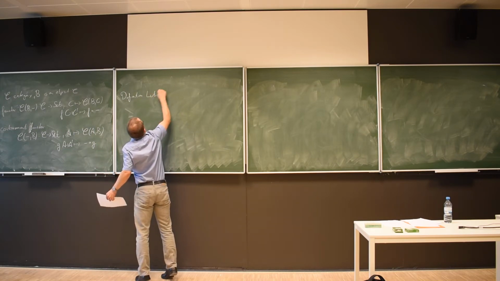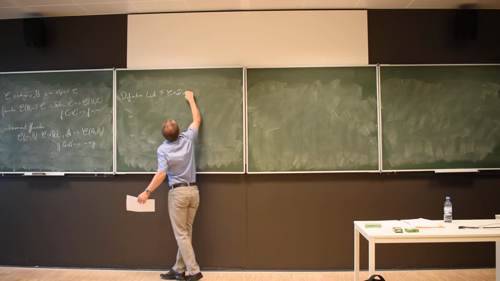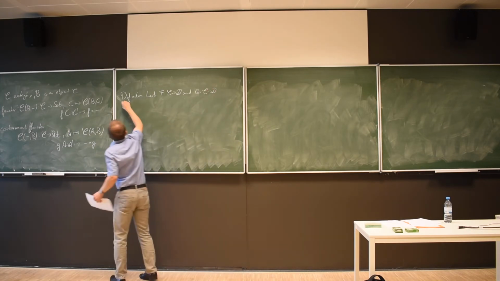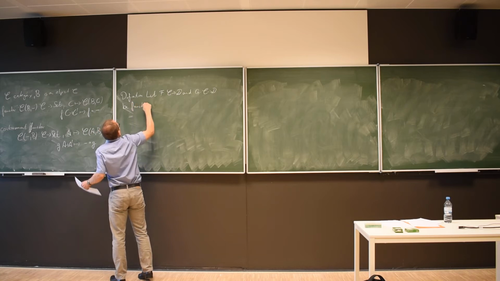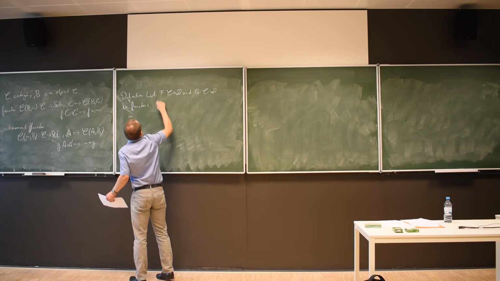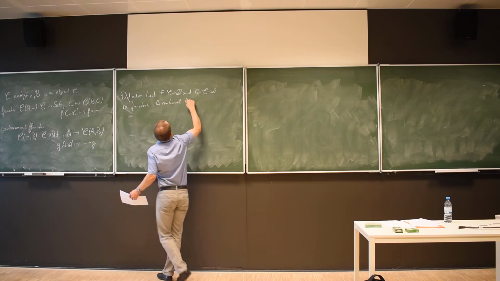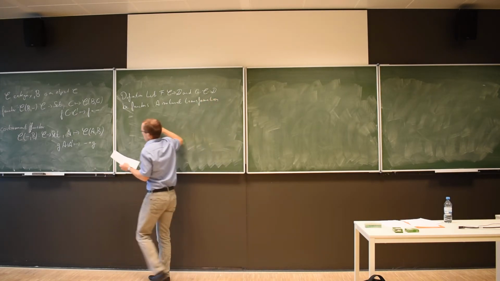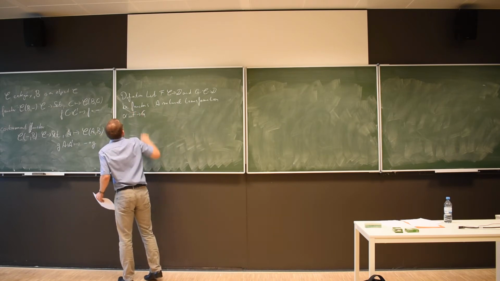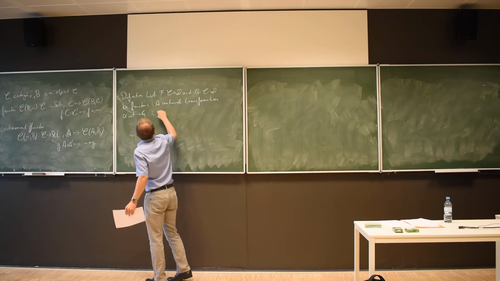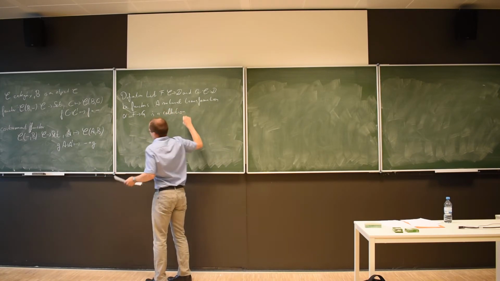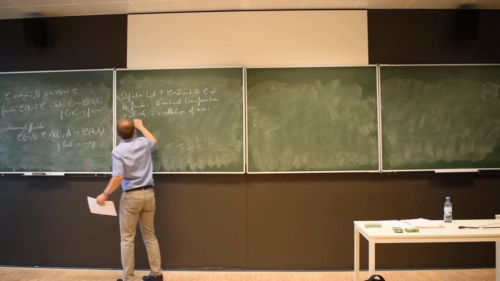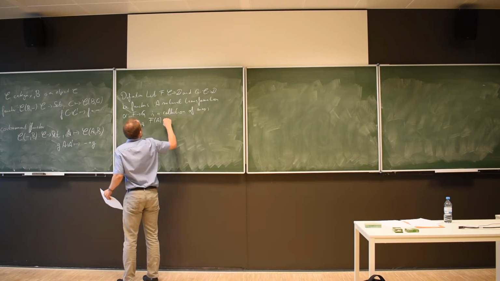So let F from C to D and G from C to D be two functors, then a natural transformation alpha from F to G is a collection of maps alpha_A from F(A) to G(A).